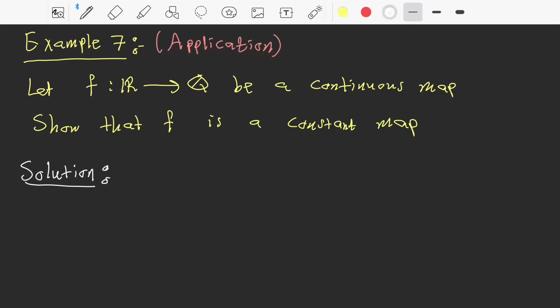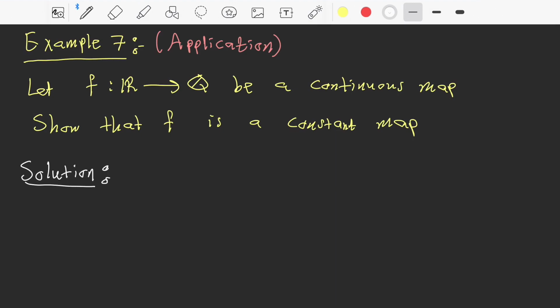Because if you study this in real analysis, the usual first undergraduate real analysis course, you will find that we also deal with continuous functions.